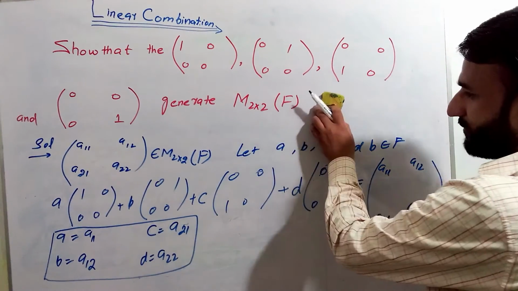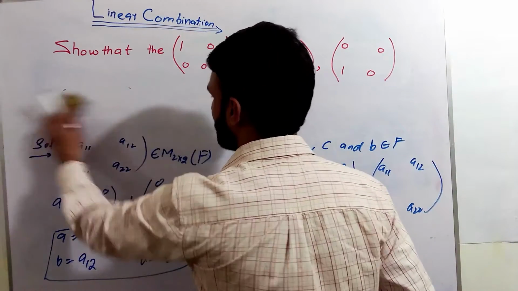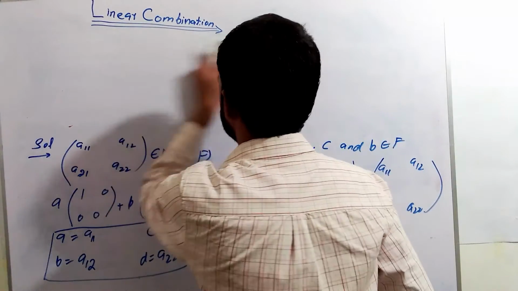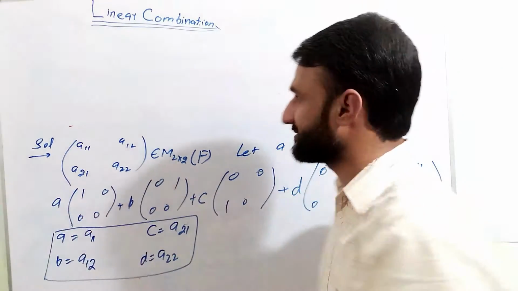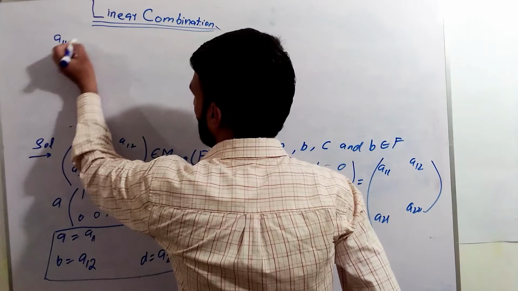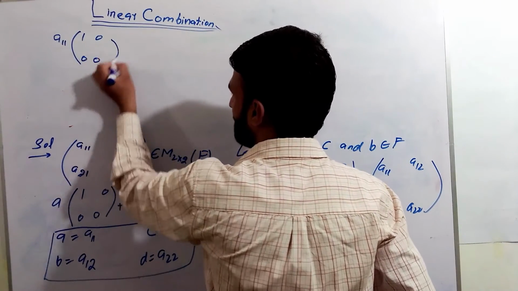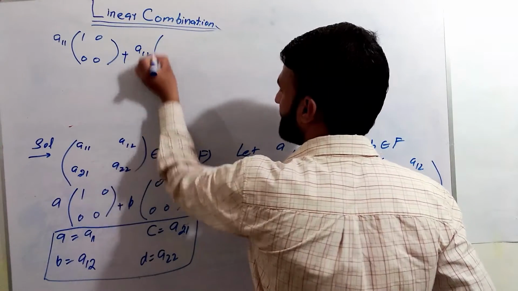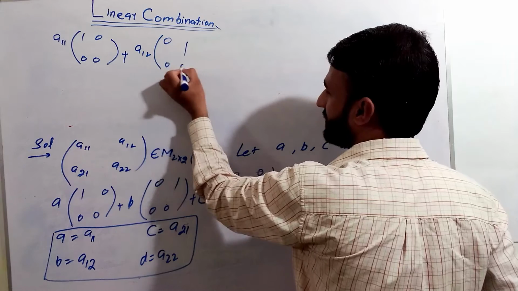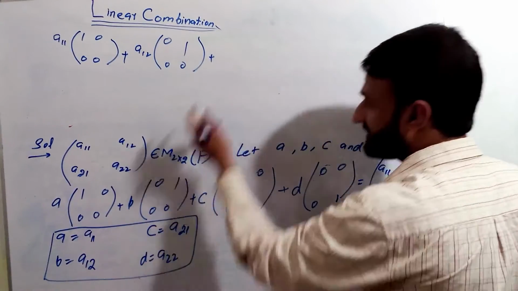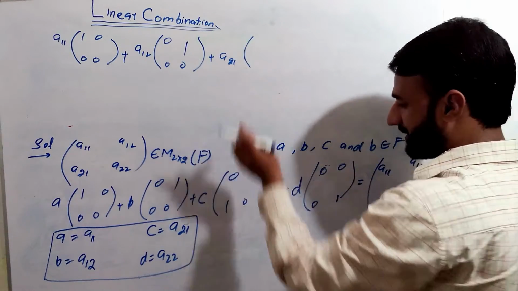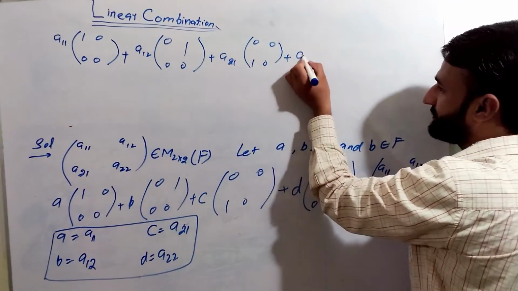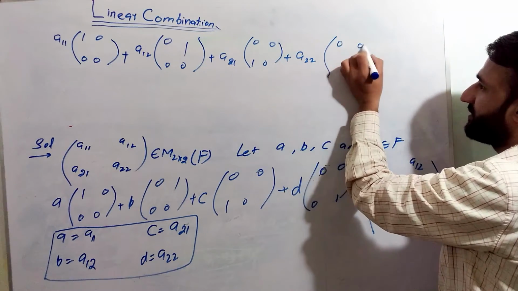I'm going to remove the upper part so we can easily check whether the condition is true. First, on the left hand side of the expression, the value of a is A11, so the matrix is [1 0; 0 0]; plus the value of b is A12, with the entries [0 1; 0 0]; plus the c matrix, whose value is A21, with the matrix [0 0; 1 0]; plus the d matrix, whose value is A22, with the entries [0 0; 0 1].